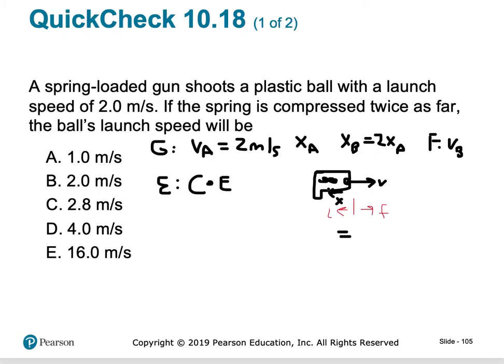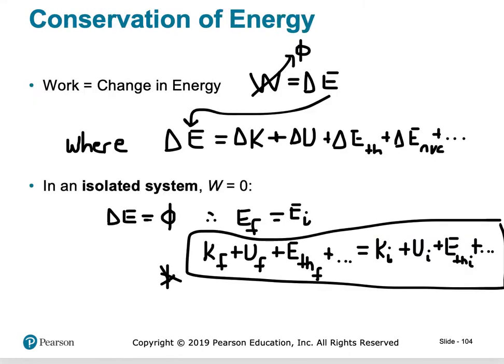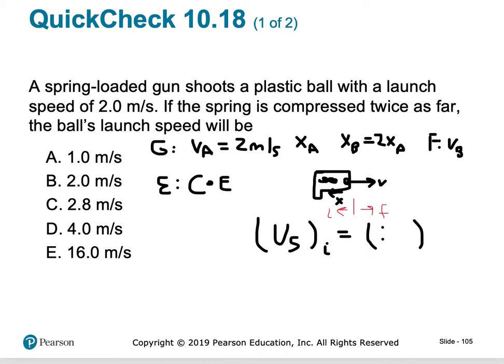We compress the spring by a distance x, so we have potential energy by spring in our before case, or the initial side. That's the only thing we've got. We compress the spring by an amount, and then the spring totally uncompresses, and in our final case, we transfer all that energy into kinetic energy.